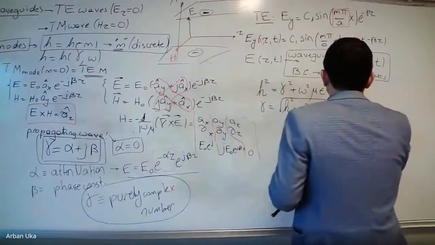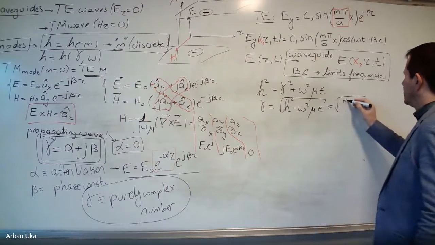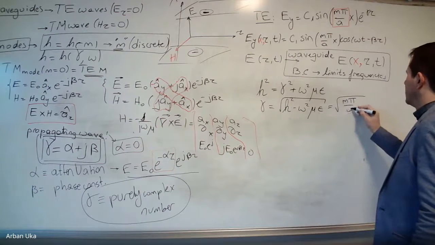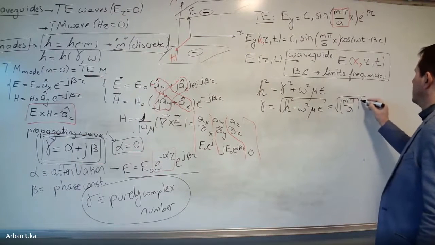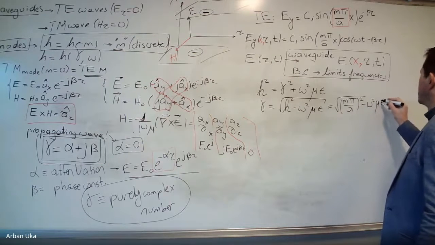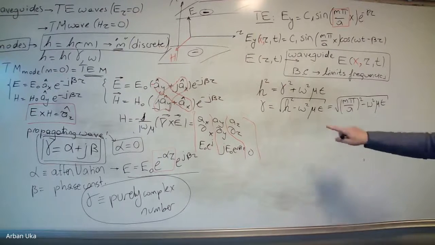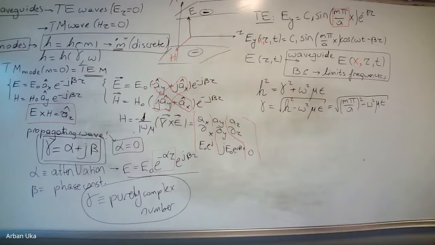So again, let's write here for a moment: this is the square root of (m pi over a) squared minus omega squared permeability times permittivity. So this was the discrete values of the H.